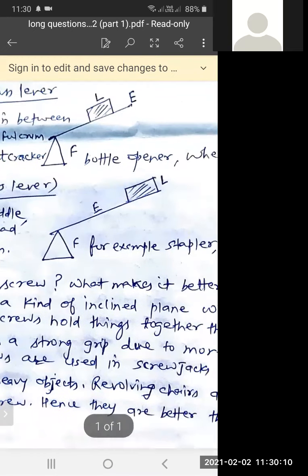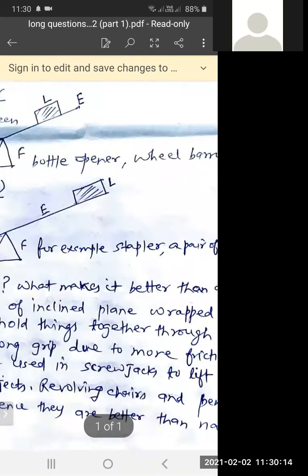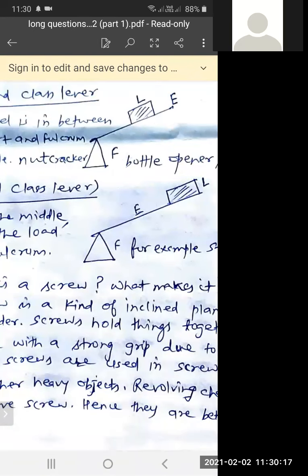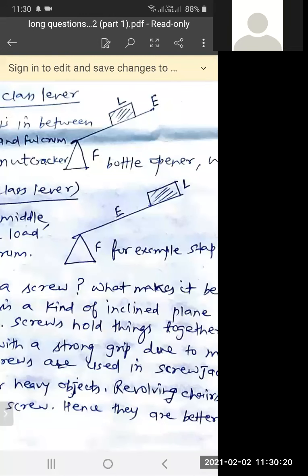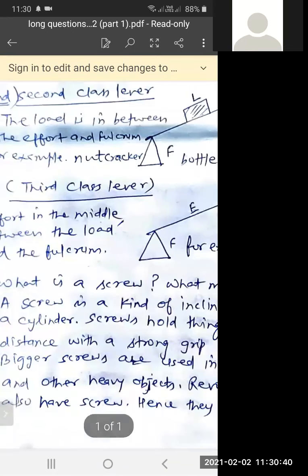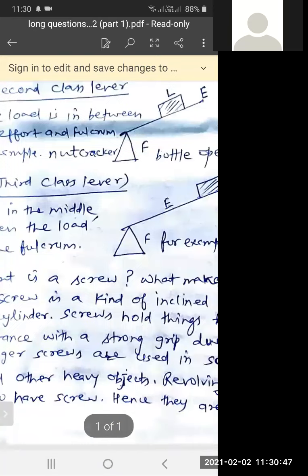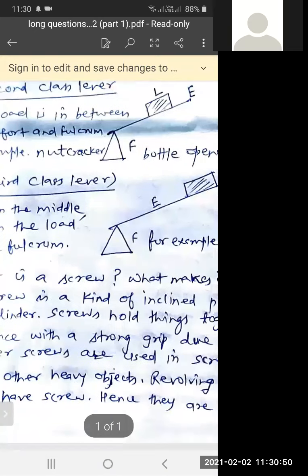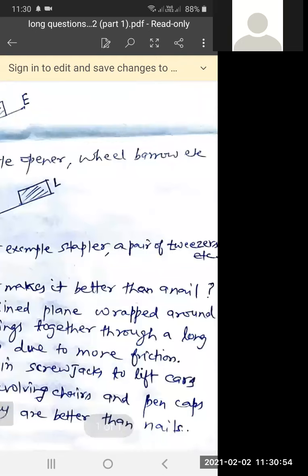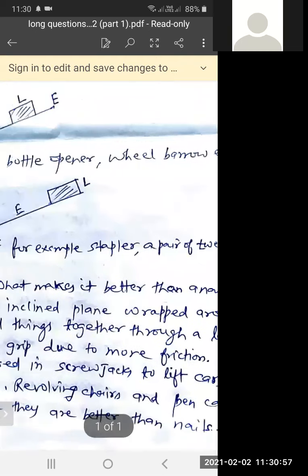Screws hold things together through a long distance, with a strong grip due to more friction.